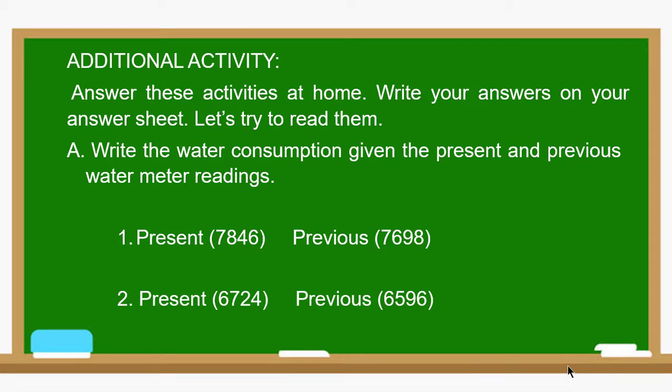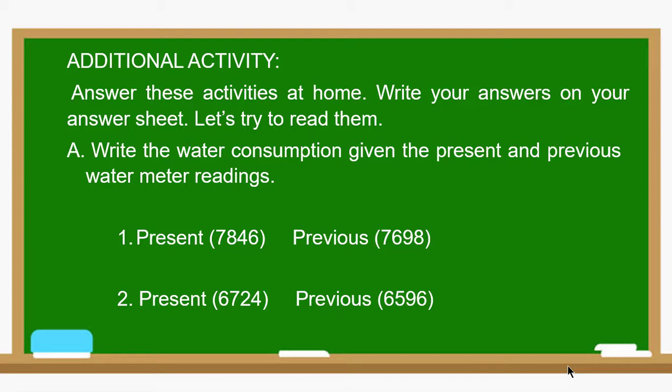Additional activity. Answer these activities at home. Write your answers on your answer sheet. Let's try to read them. Letter A. Write the water consumption given the present and previous water meter readings. Number 1.